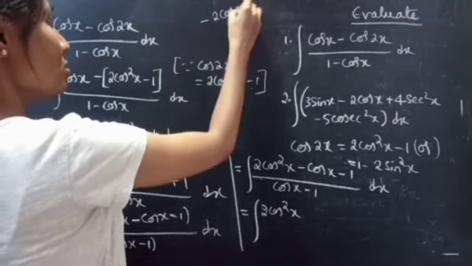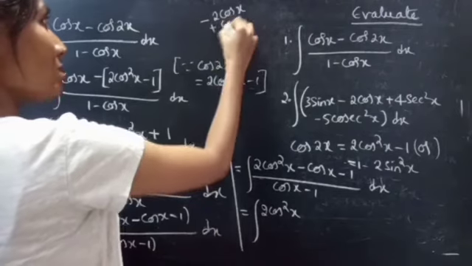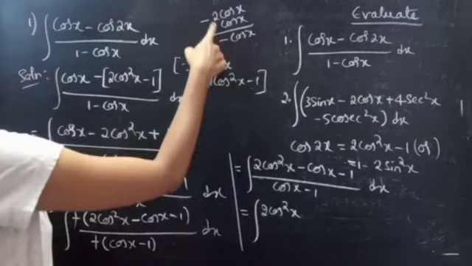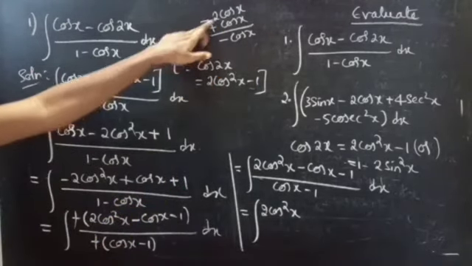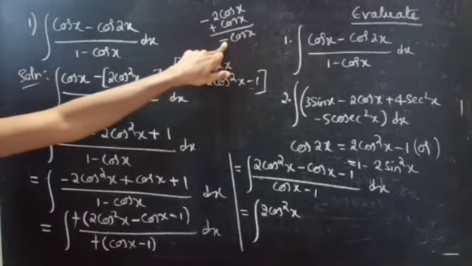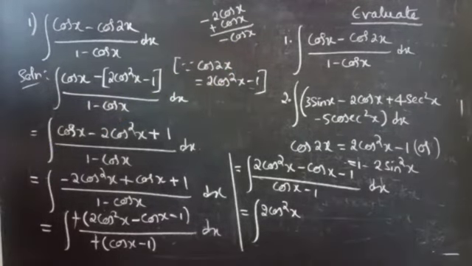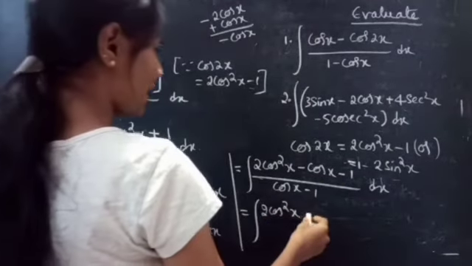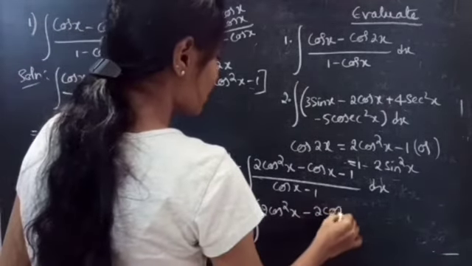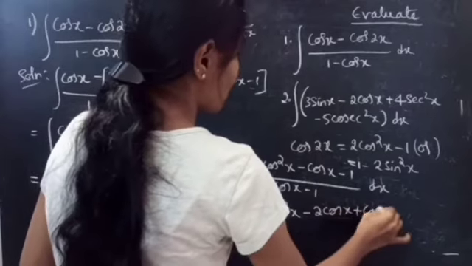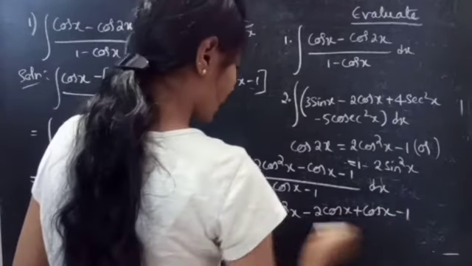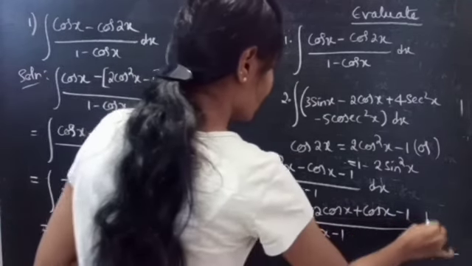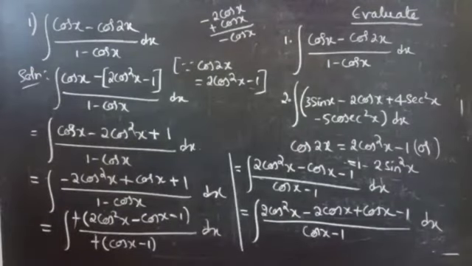We know that minus 2 cos x plus cos x will be minus cos x, right? Minus 2 plus 1 is minus 1 into cos x. So you could write minus cos x as minus 2 cos x plus cos x, minus 1, by cos x minus 1 into dx.